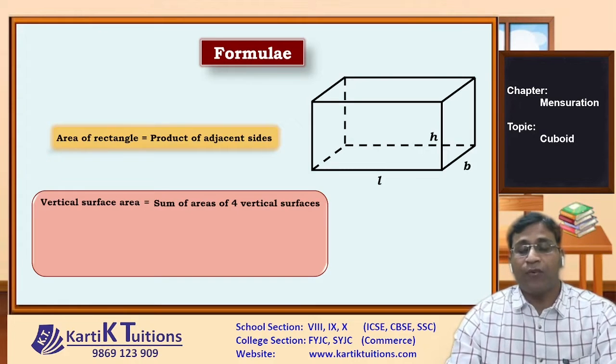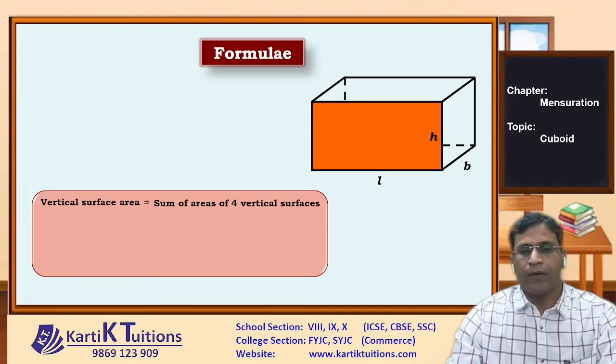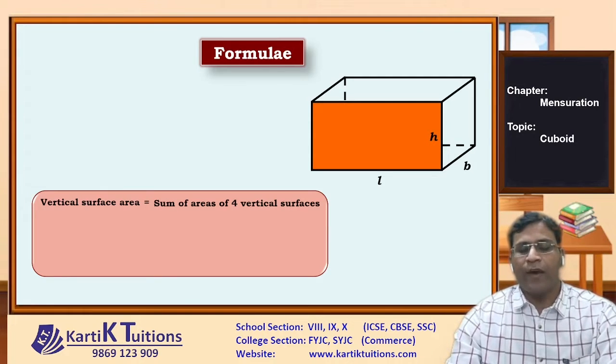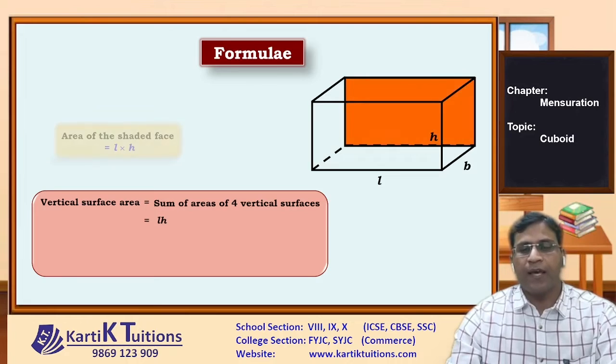And what is the area of a rectangle? It is length into breadth, or you can also say the product of adjacent sides. Now when I talk about the first face, that is this one, the product of adjacent sides will become L into H. Okay, there are two such faces, one this and one at the back. So LH plus LH will become 2LH.